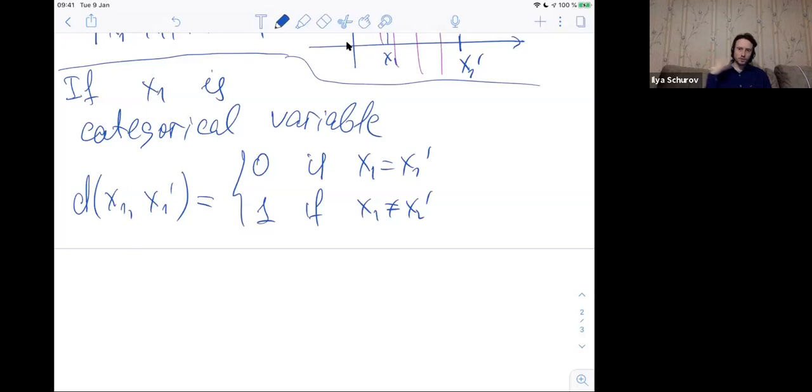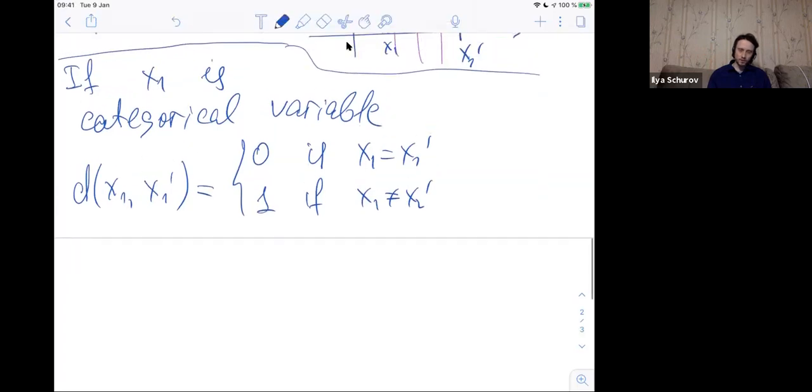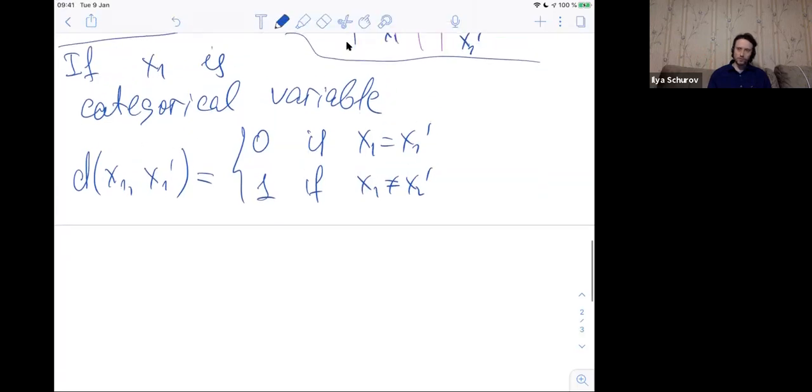This can be done in different ways, so it can be complicated, and there are no obvious choices. You have to think about your problem and think which way to measure these distances will be the best one, or try to use different ways.